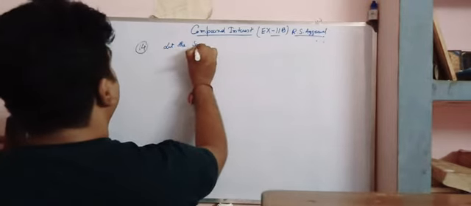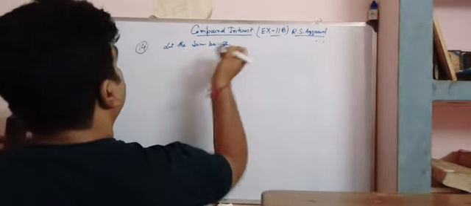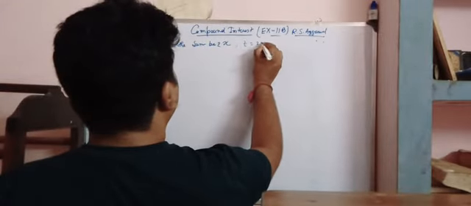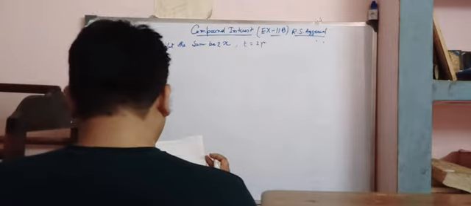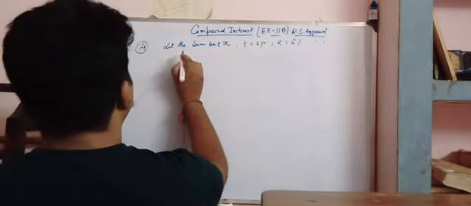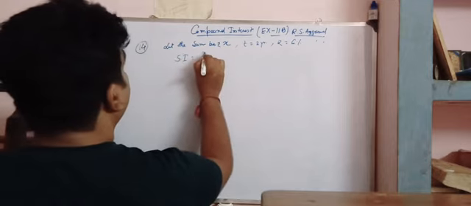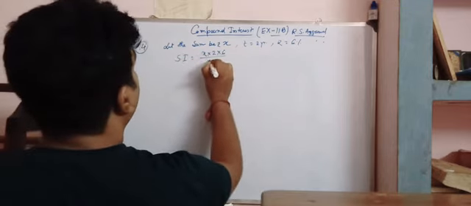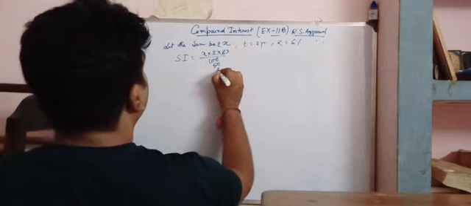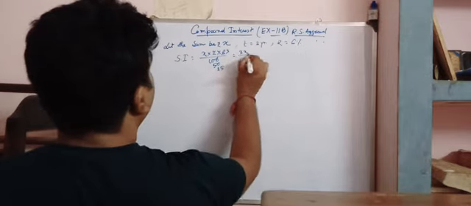Let the sum be rupees X. Now here T is equal to 2 years and rate is equal to 6%. So we have to compute first the simple interest. SI is equal to X into 2 into 6 by 100, so 3x by 50.